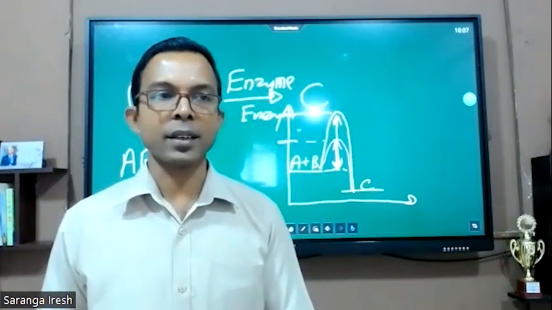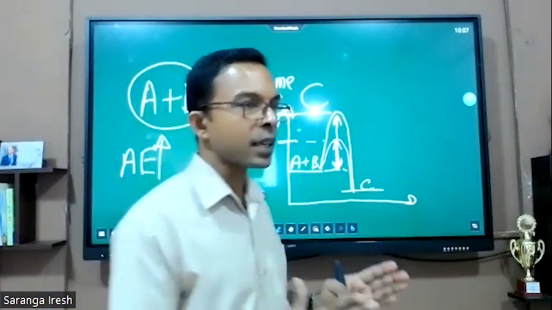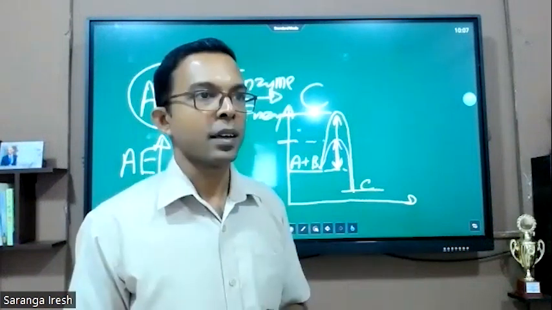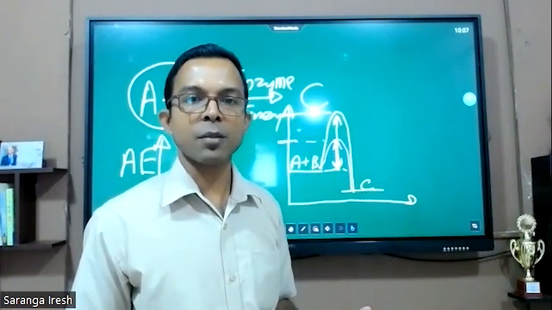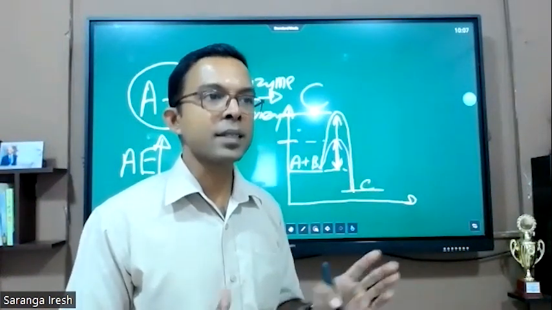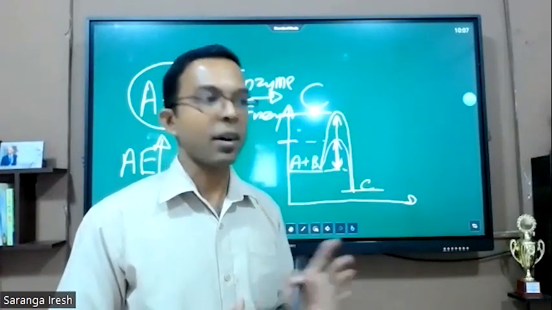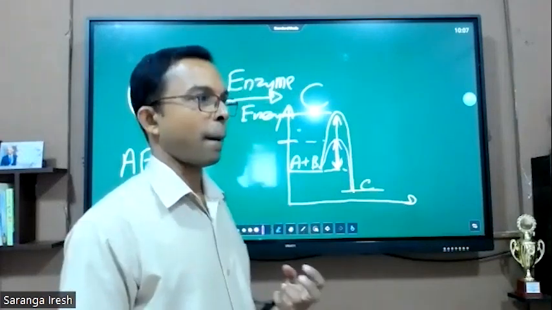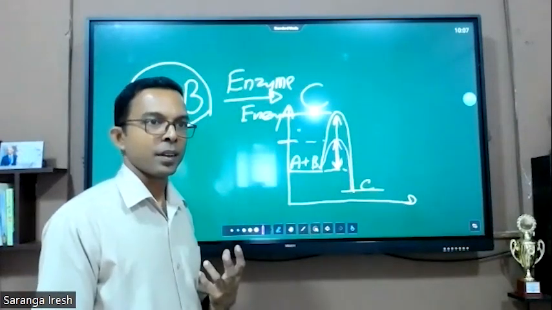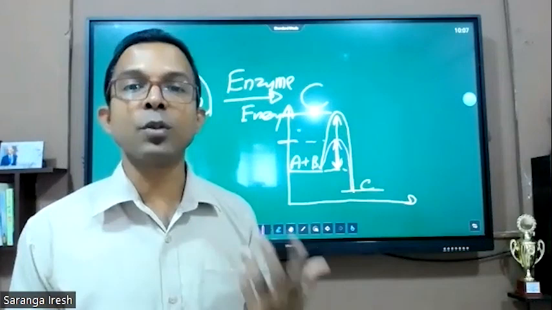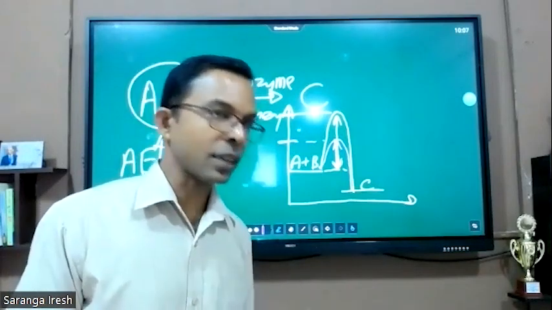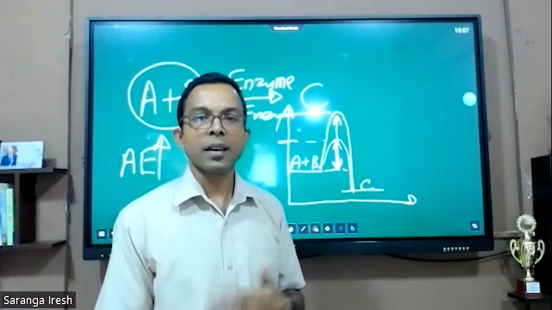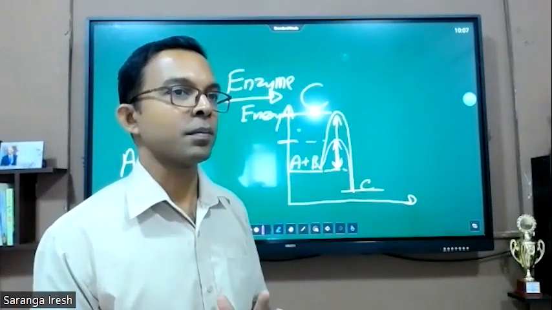After reducing the activation energy, they leave. So we can take the enzyme as it is after the reaction. It is an unchanged enzyme, so enzymes can be reused because nothing happened to the enzyme.